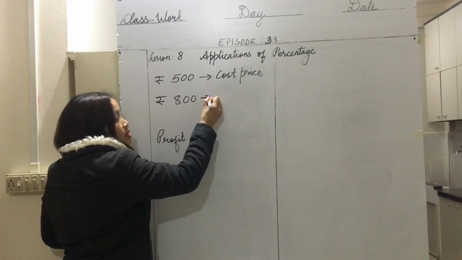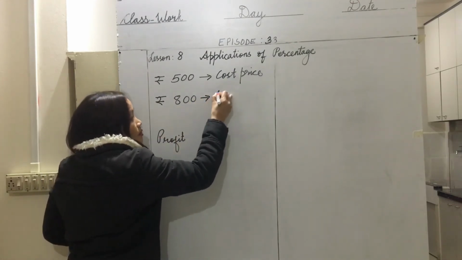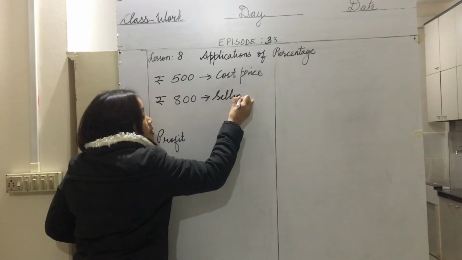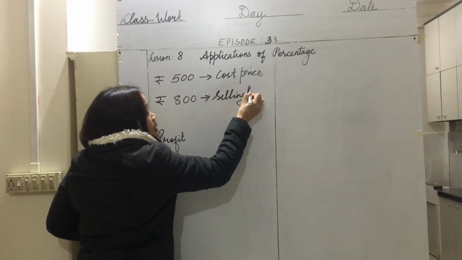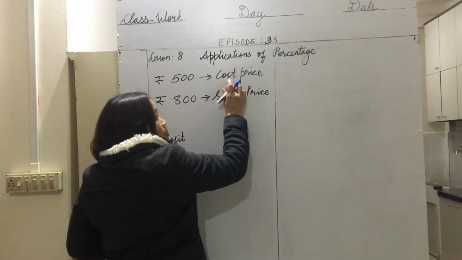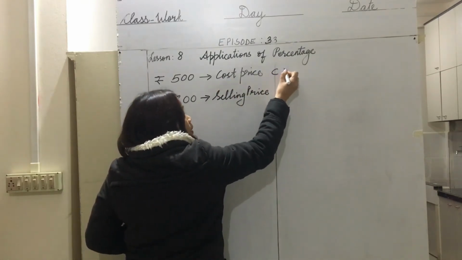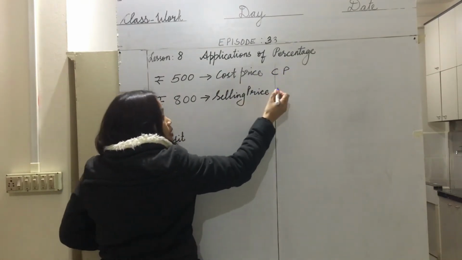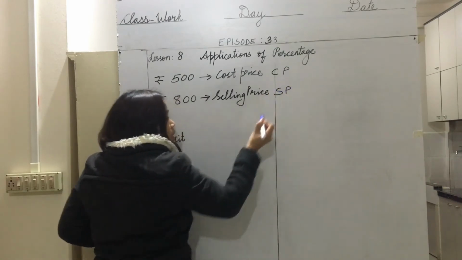That means this is the selling price, right? This is the selling price, and we mostly use a short form. For cost price they use CP, and for the selling price we will be using SP, right?